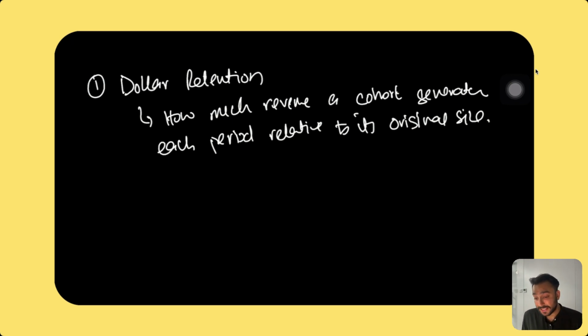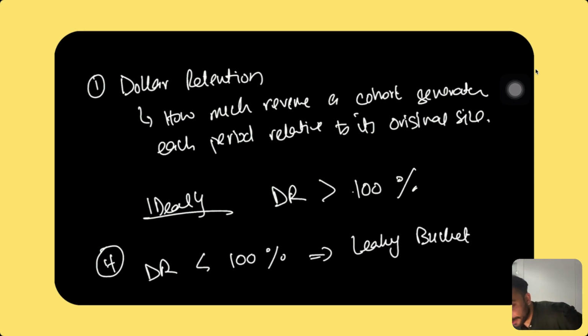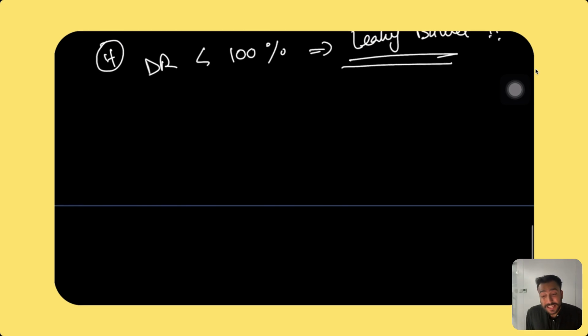If my customers were spending $100 last month, I want them to ideally upsell and spend $110 collectively in the following month, right? That is what I call expansion revenue. Ideally, the dollar retention needs to be greater than 100%. If it's not, this means you have a leaky bucket and customers are leaving.